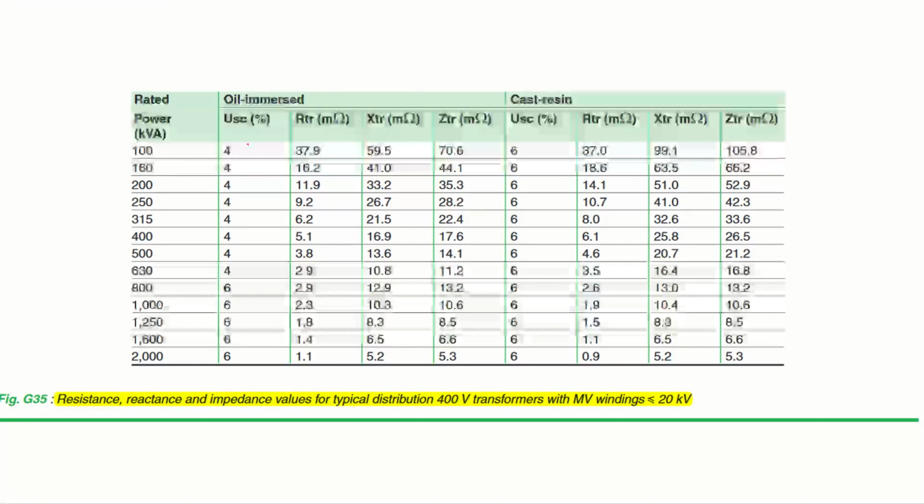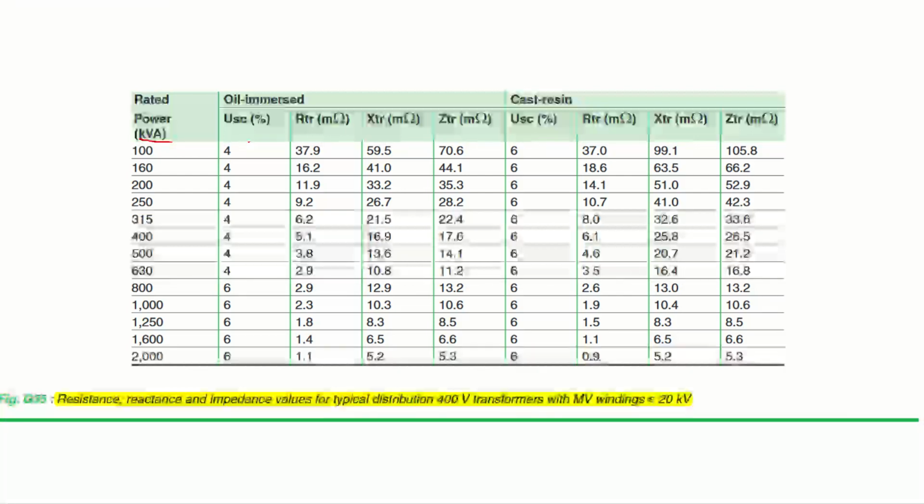So of course for the transformer also we'll have an equivalent RT and XT that we can see here in this table. So we'll be looking at the rated power of the transformer in kVA, and then we'll look at the percentage of USC, which is on the nameplate of the transformer.